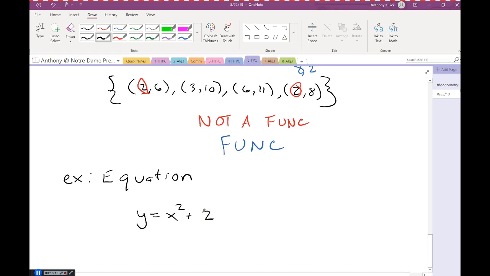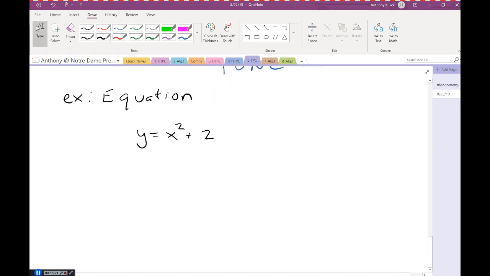Let's say we have the equation y equals x squared plus 2. Does this represent a function? Well, you should recognize something that looks like y equals x squared plus 2, right? This looks like something we would have covered last year, right? What is the shape of a graph going to be for something like this? What would this graph look like?